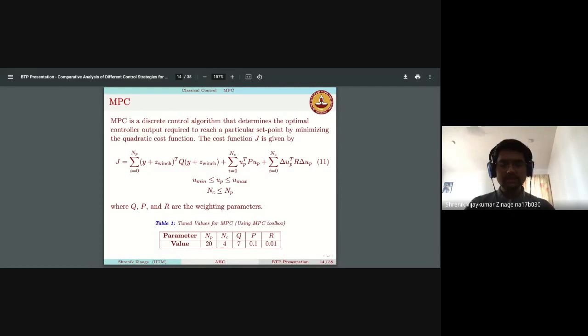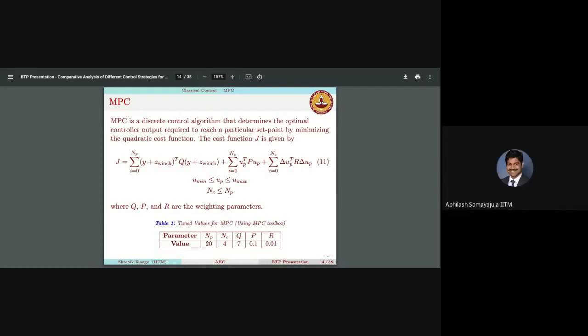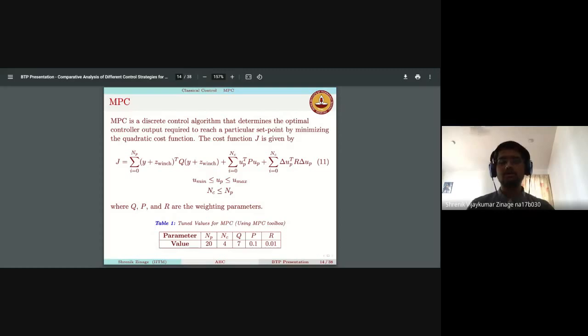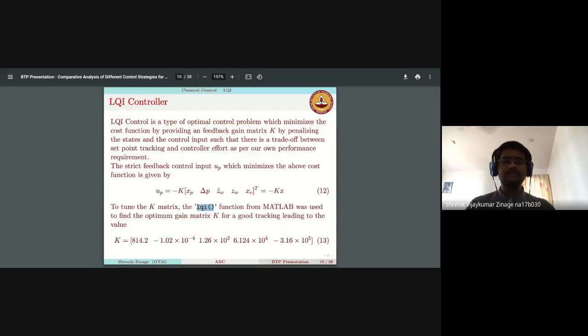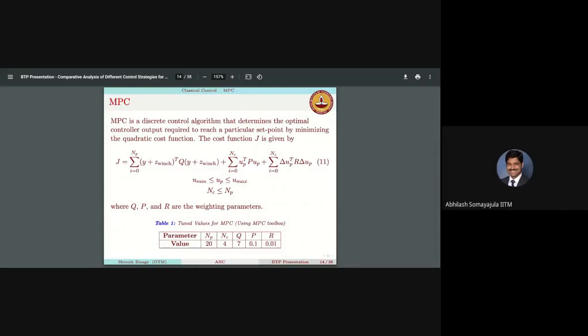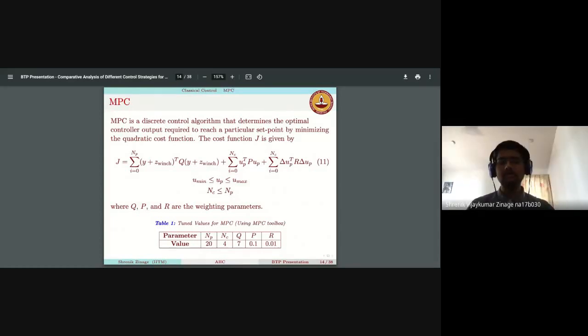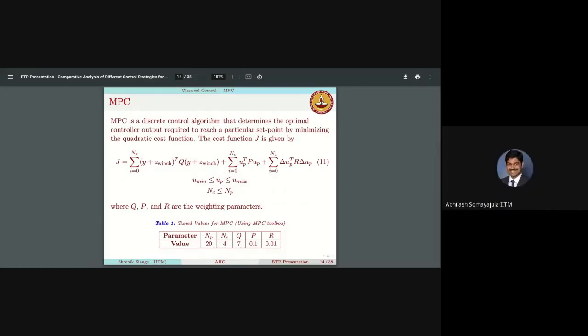What values of NP and NC should I choose to emulate the same effect as LQI? I'm setting NP to be of very high value and NC to be of very low value, if you want to achieve LQI-like behavior.